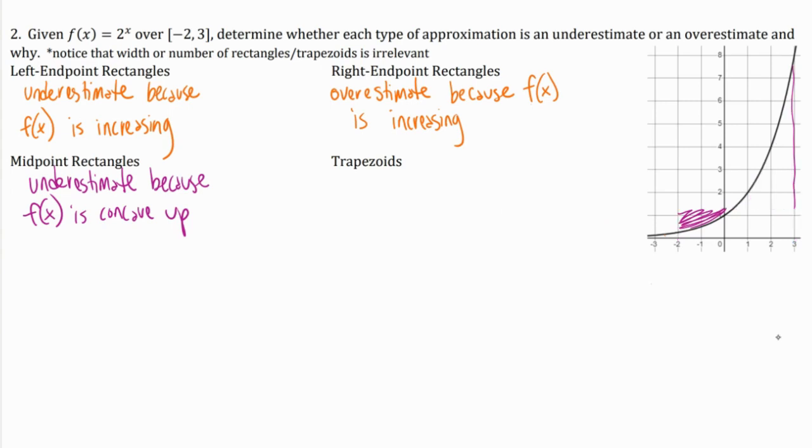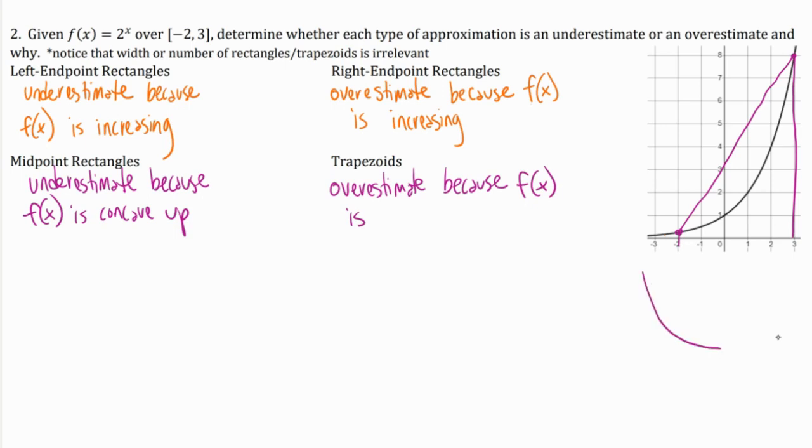Okay. And then let's try a trapezoid. Trapezoid is a lot easier to figure out here. Trapezoid, clearly an overestimate, because f of x is... let's figure out if this has to do with increasing, decreasing, or concavity. So let's draw a decreasing function. This trapezoid is also an overestimate. So it's not because the function is increasing or decreasing.